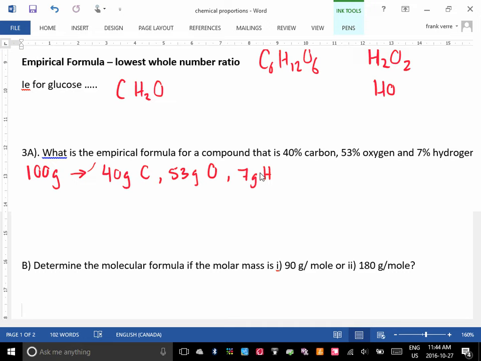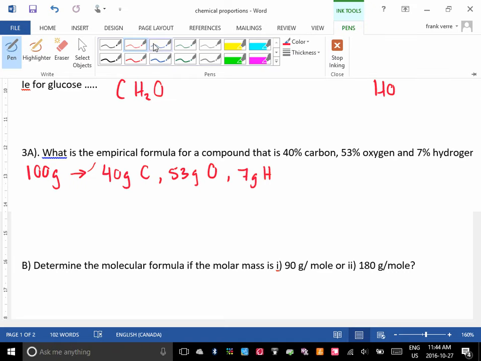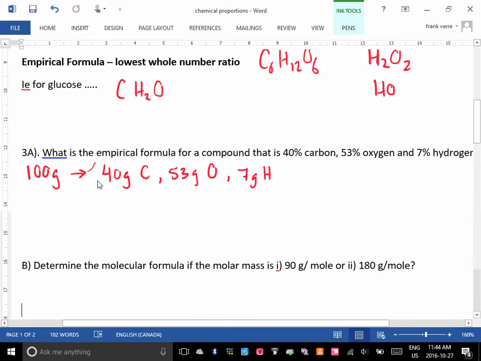Okay. Now, I'm going to think of this in terms of moles. Let's look at carbon. I'm going to ask a very simple question. How many moles does 40 grams represent? Number of moles is the mass over the molar mass. Remember that from the previous lesson? So that would be 40 grams over the molar mass of carbon.